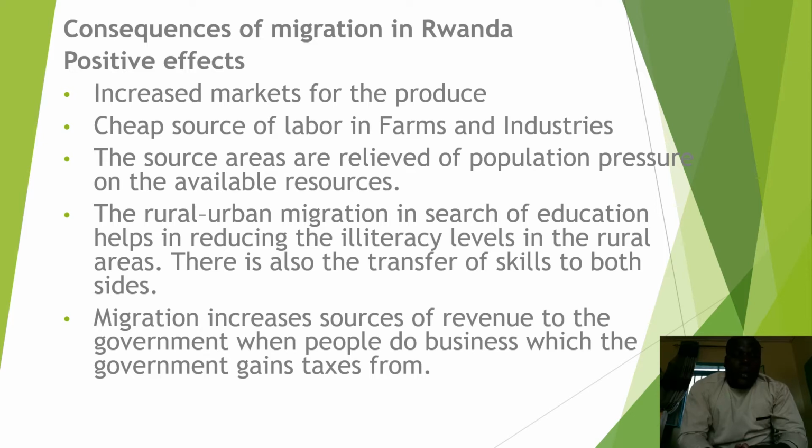So when you look at effect number 1, there is increased market for the produce in the receiving areas, because when people migrate to a certain area, it means population increases, and an increase in population goes hand in hand with increased market for the produce because demand increases.